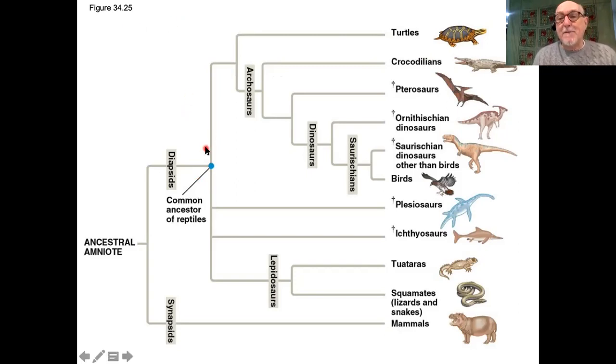Reptiles have some distinct characteristics, and all of the reptiles have scales or highly modified scales. They are highly modified for terrestrial life in that they have a tough outer skin. They do not have a soft, moist skin the way that the amphibians had.